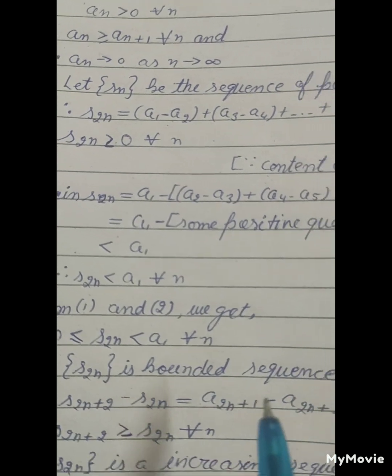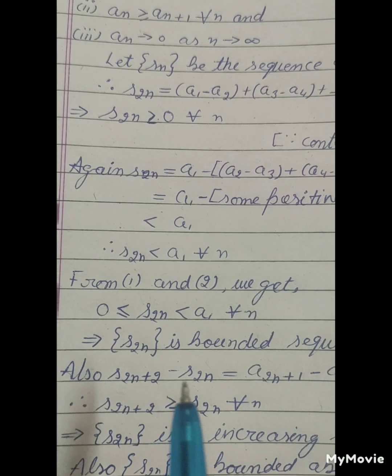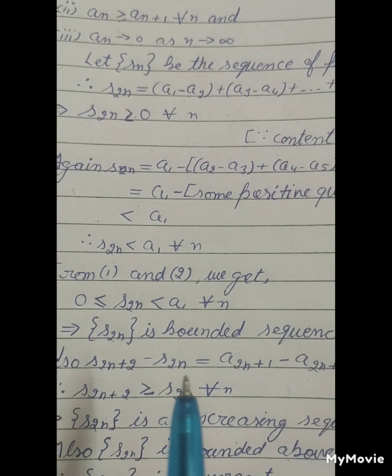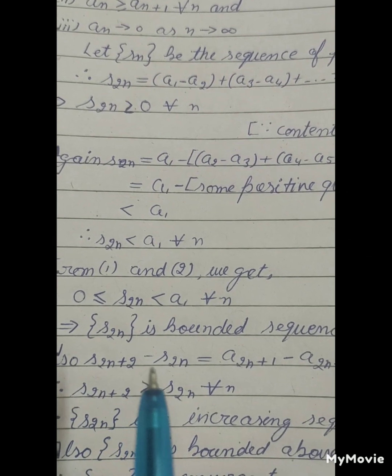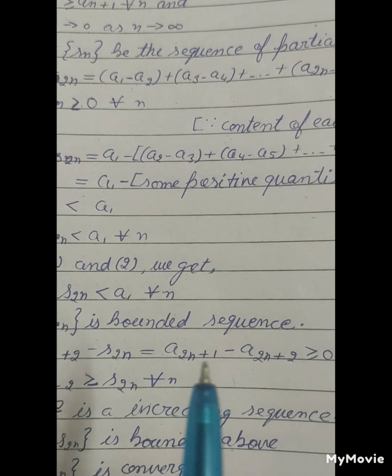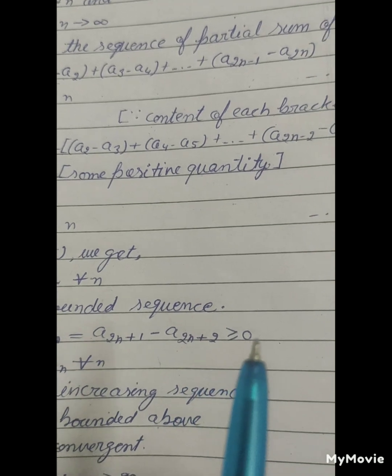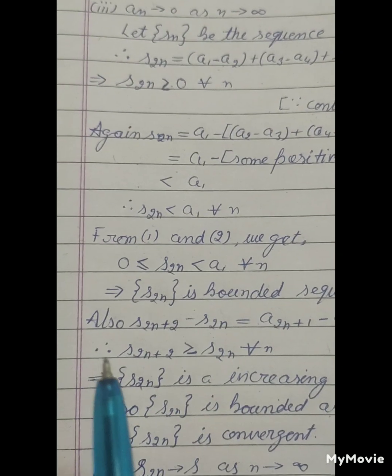So S_n is a bounded sequence. Also S_(2n+2) minus S_2n equals a_(2n+1) minus a_(2n+2), which is greater than or equal to 0.